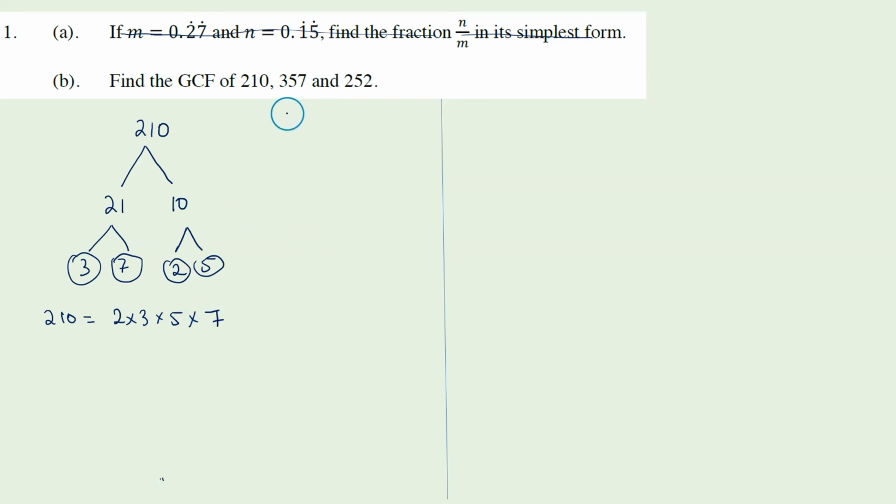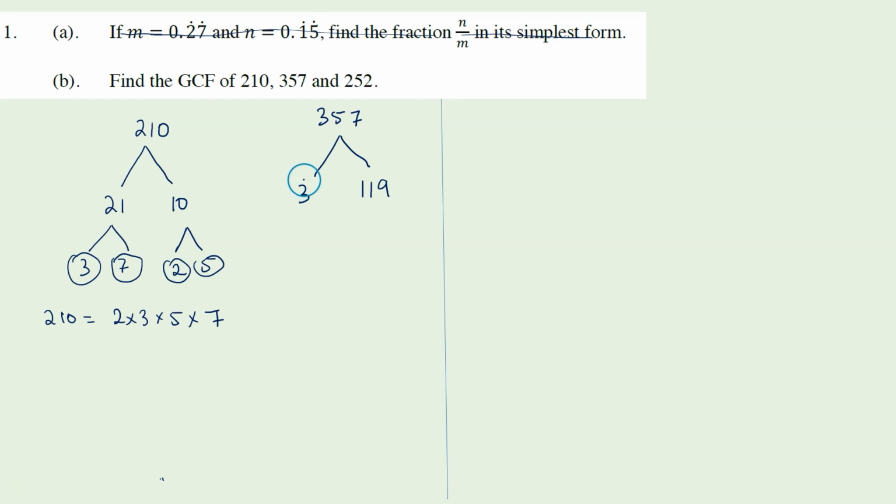Okay, let's now do 357. So 357, we do the same thing, prime factor tree. This is the same as 3 times 119 because I can see this number is divisible by 3. If you add all the digits, 3 plus 5 is 8, plus 7 is 15. 15 is a multiple of 3, and that's why I found out 3 times 119.